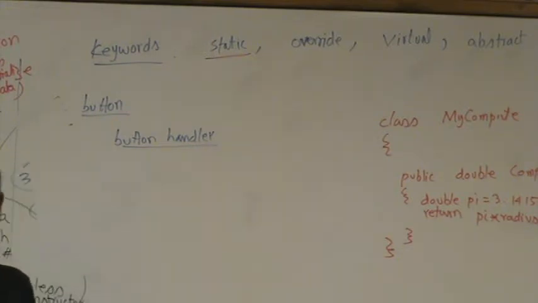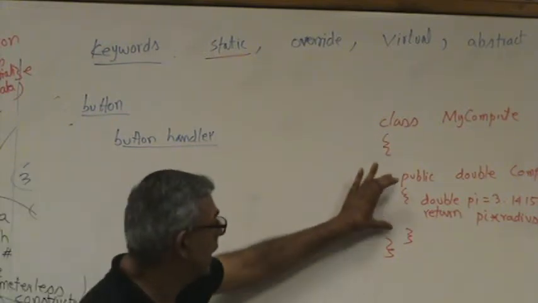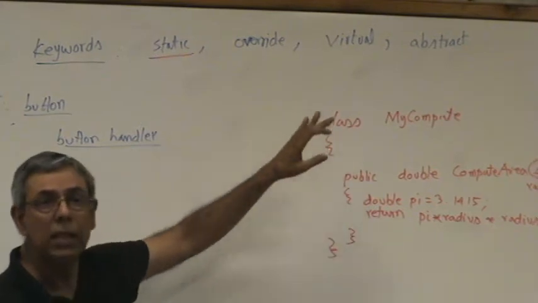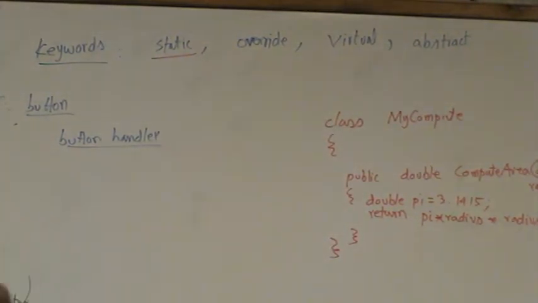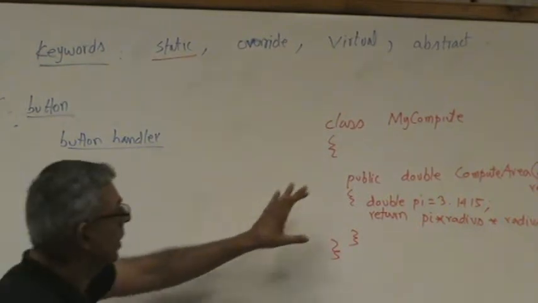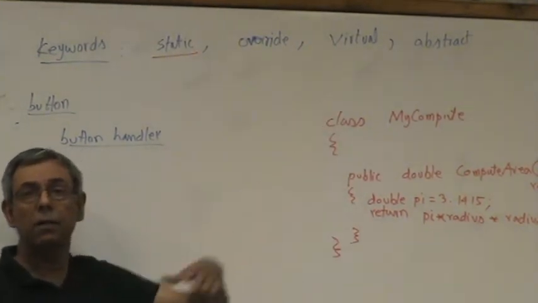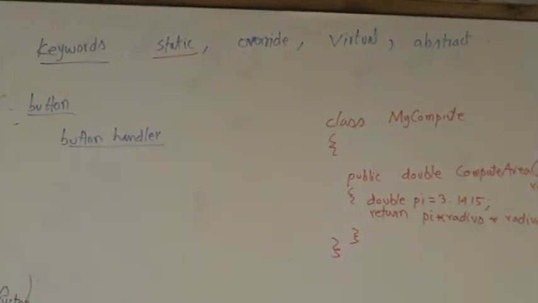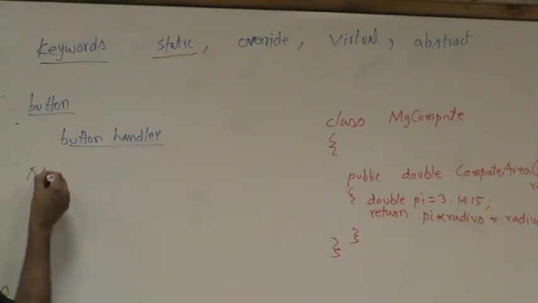Remember this function exists inside a class. So C# like Java is completely object oriented. You cannot write a function without a class. Everything belongs to a class. So obviously first we have to create an object of this class.